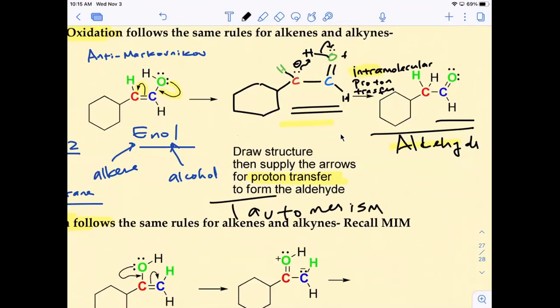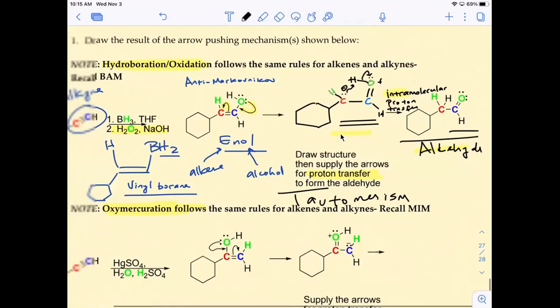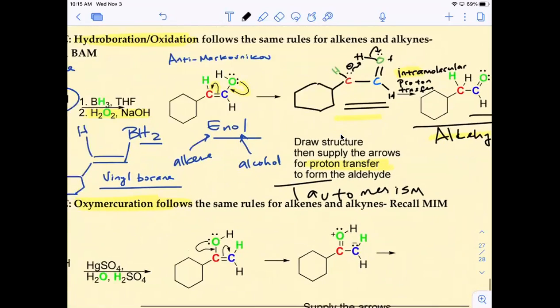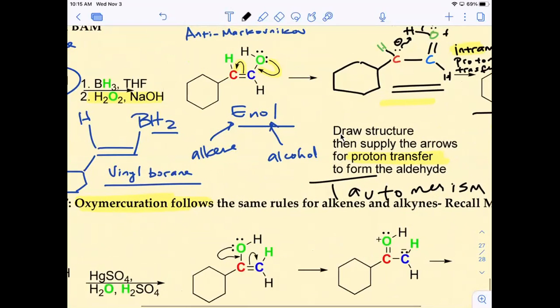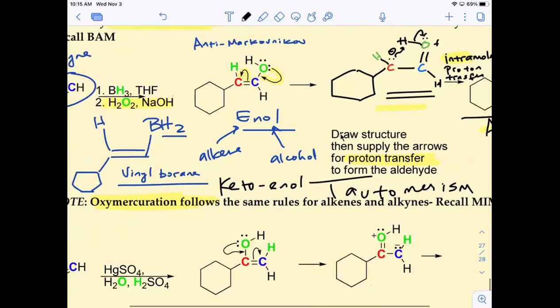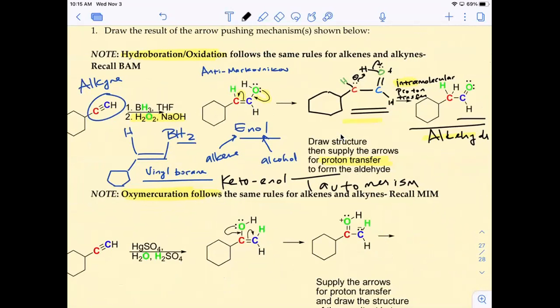The specific definition is we call it keto-enol tautomerism, even though you're not always making a ketone as the final product, right?